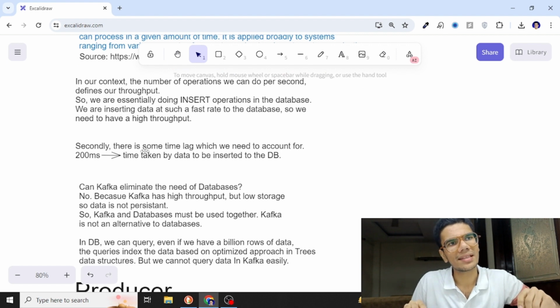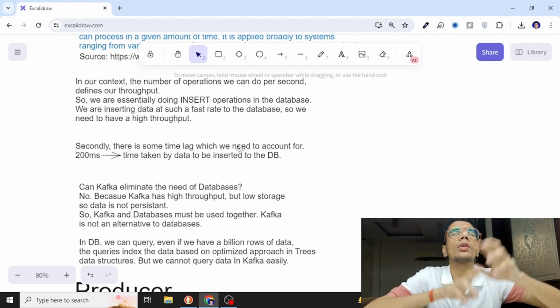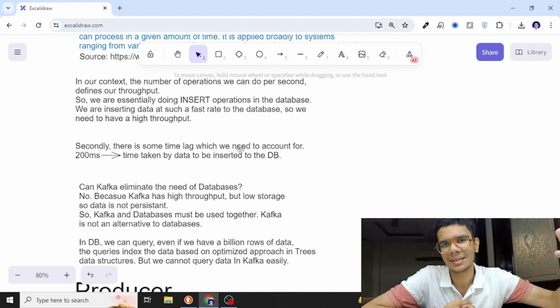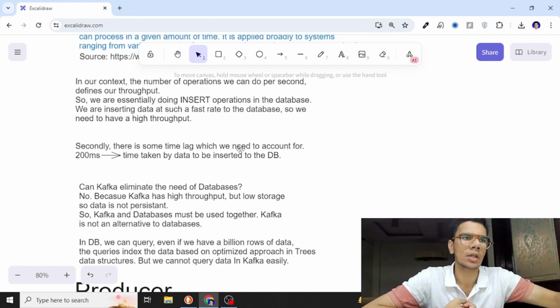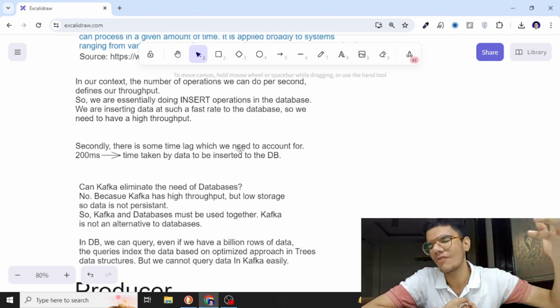This is the time taken by the data to be inserted into the database, and then the server will also take some amount of time. That total time may account to say 800 milliseconds, approximately a second. So if the location is fetched 1 second late, that system is anyways not real time, and that is not a good engineering practice. If there is an optimized approach, we should definitely consider that.